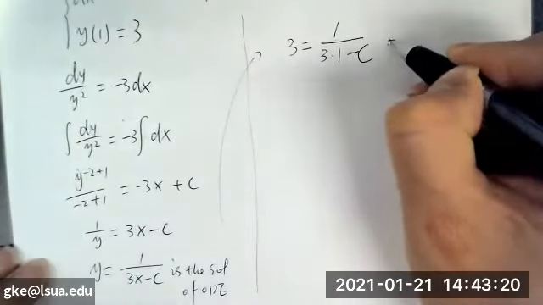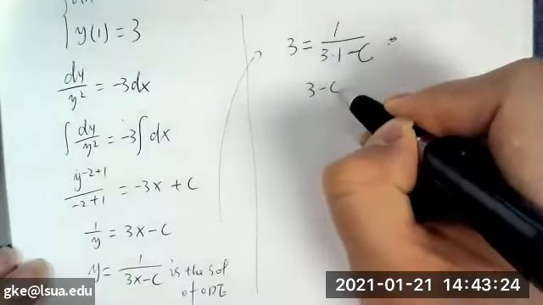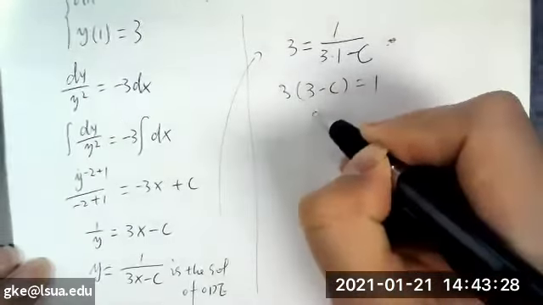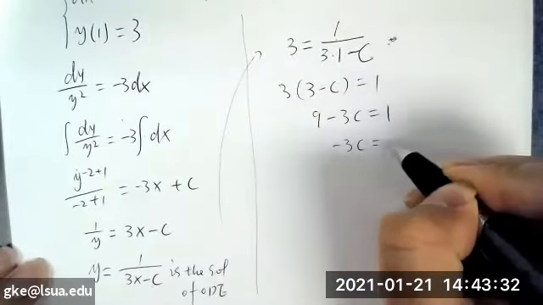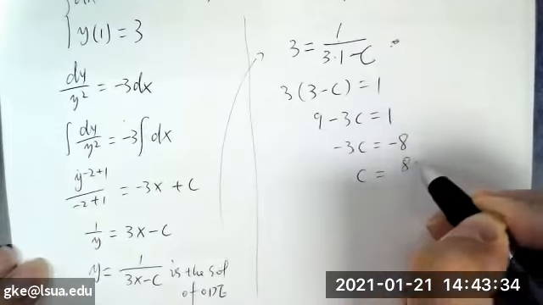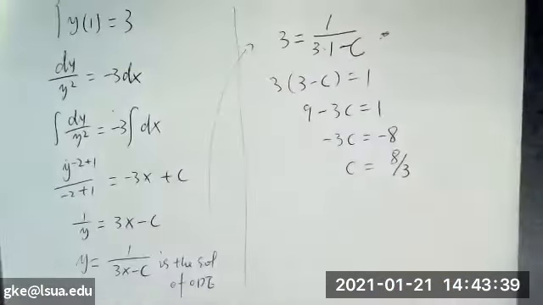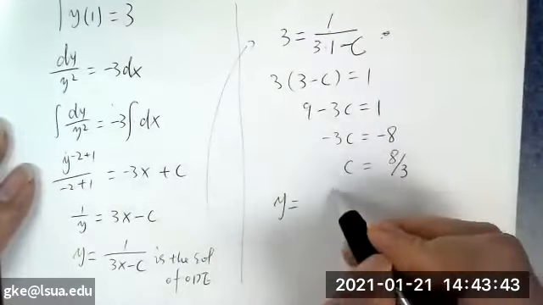This gives 3 minus c times 3 equals 1, so 9 minus 3c equals 1, so c equals 8 over 3. Did you get the same number as I? Yeah. Okay, very good job. Fantastic.